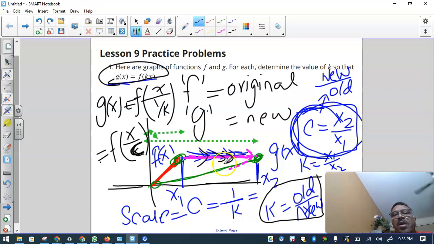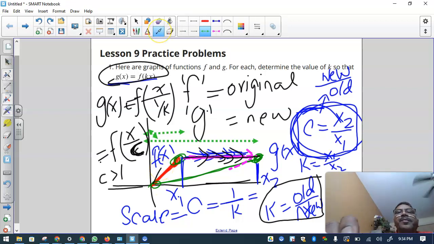If it is horizontally stretched, that's when c is greater than 1. And if it shrinks, I can draw another graph this way. It either stretches, which is when c is greater than 1, or shrinks, when c is smaller than 1. So that's to be understood.